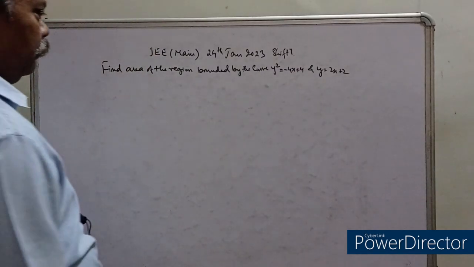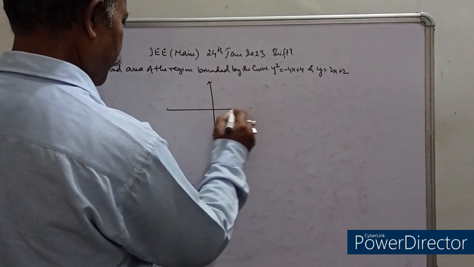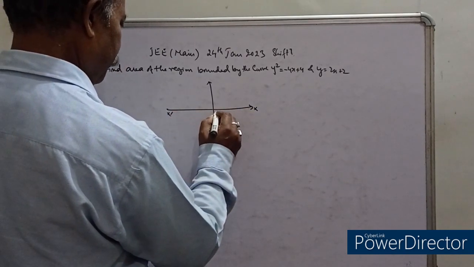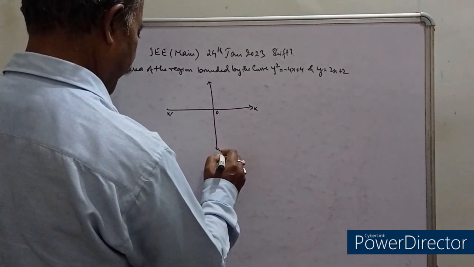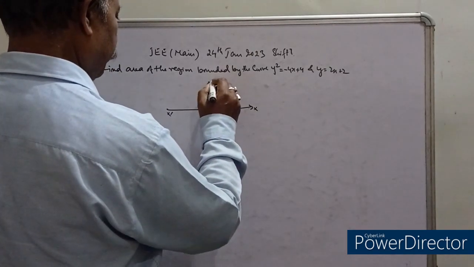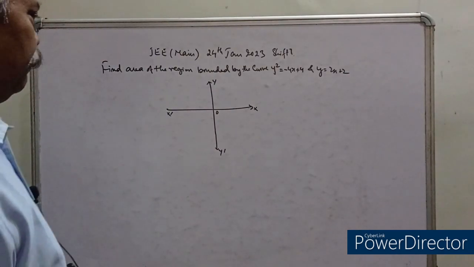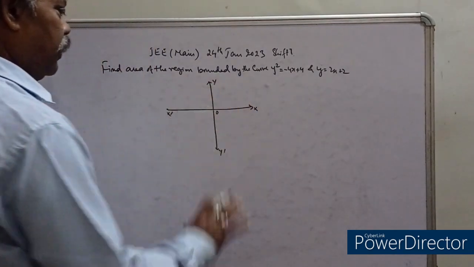So first of all, let me find out, this is x x dash, and this is y dash, this is y. So first of all we have to draw this graph.